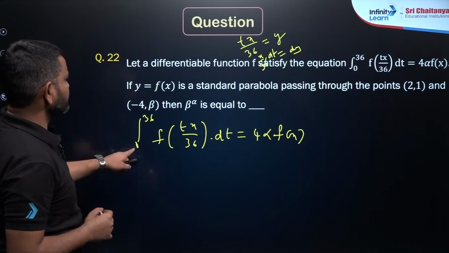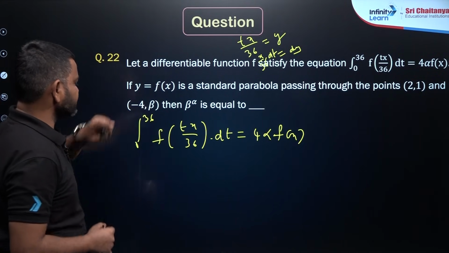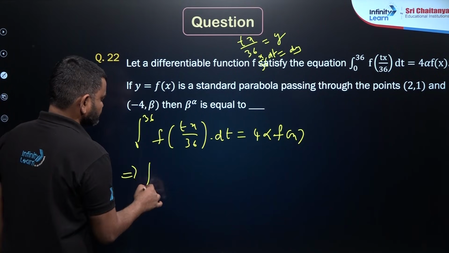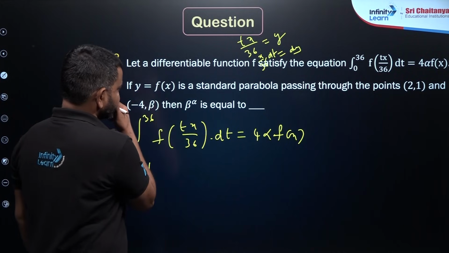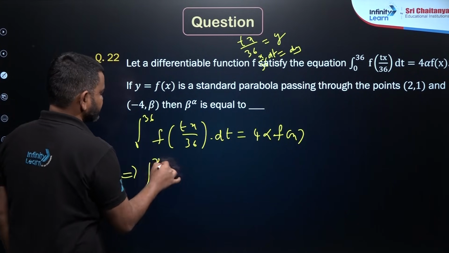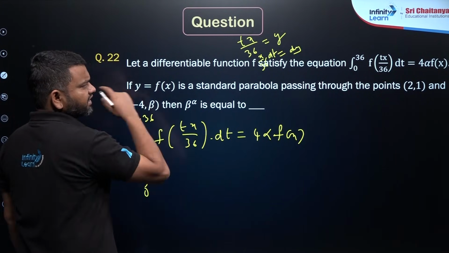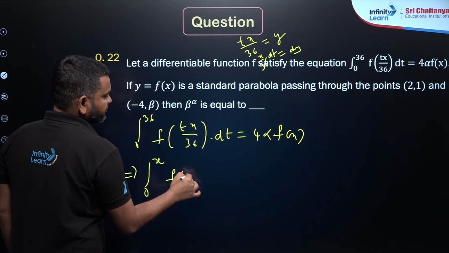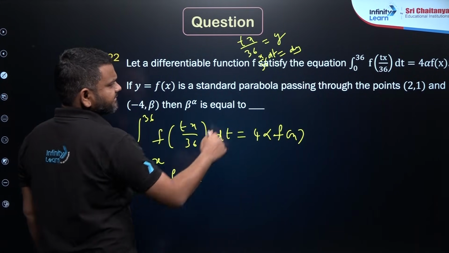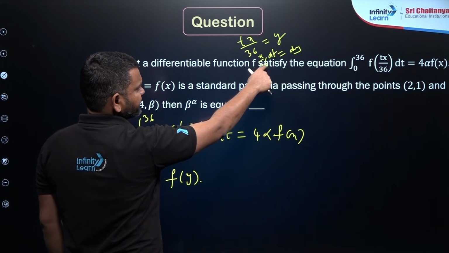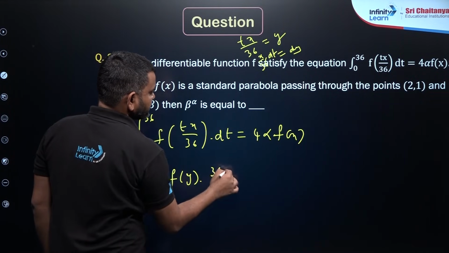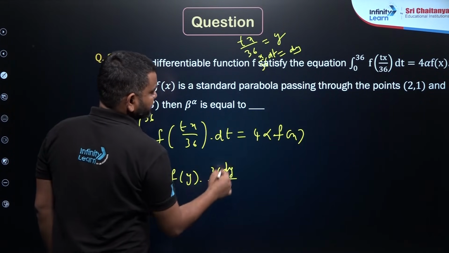when I substitute t value 0, that is completely 0. When I substitute t value as 36, 36 and 36 get cancelled, it is x. And now all I have here is f of y. And here, instead of dt, I can write 36 dy divided by x.